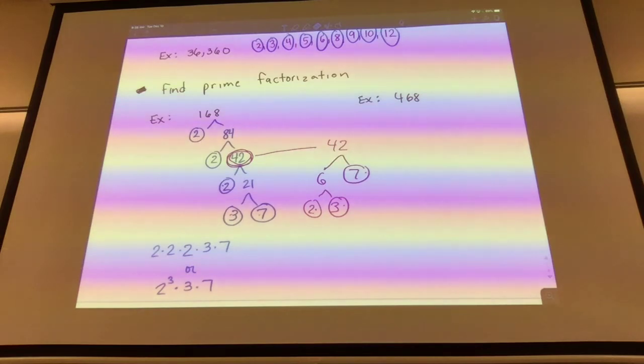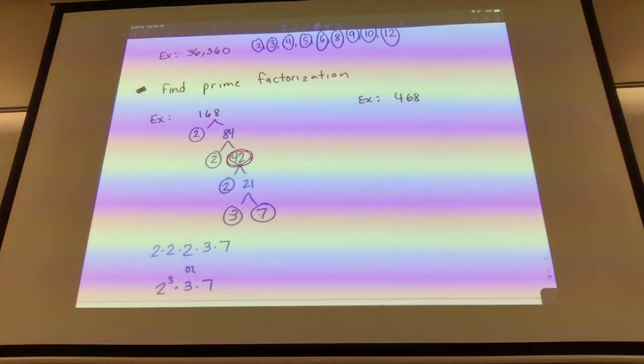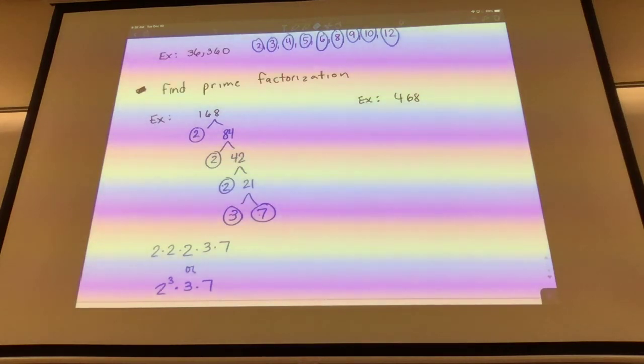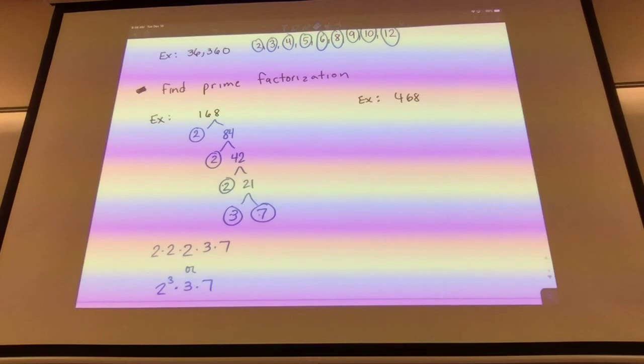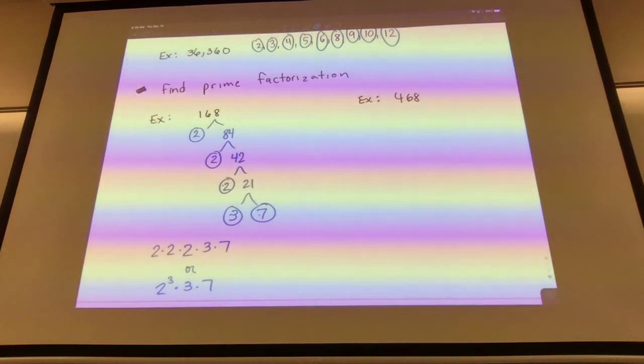So how you choose to break down your tree isn't necessarily most important as it is that you just get everything to be a factor of prime. So basically, when you branch off and you do multiples, you keep going until you get a prime number and circle it. Our paths might be a little bit different, but if we both do the math correctly, we should get the same prime factorization.